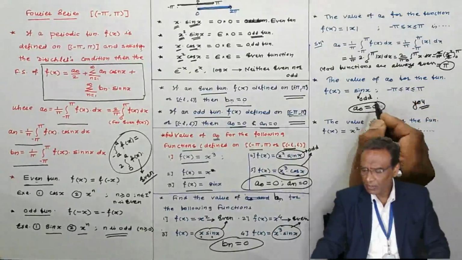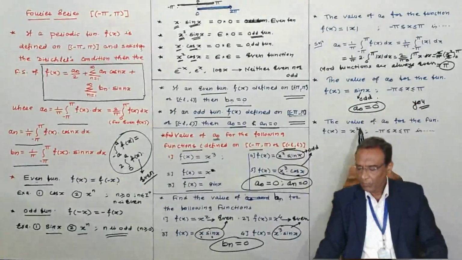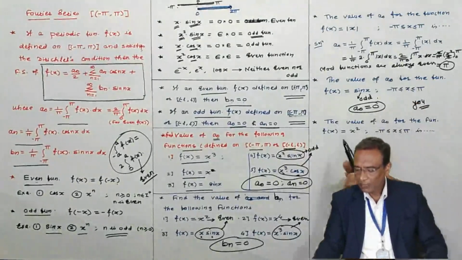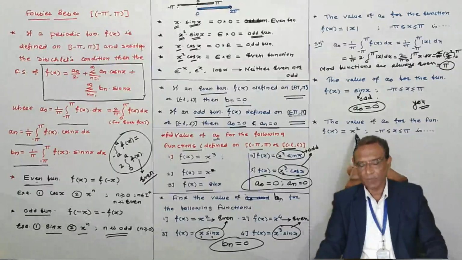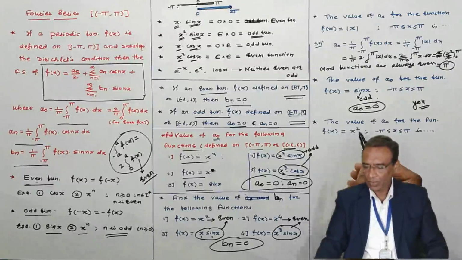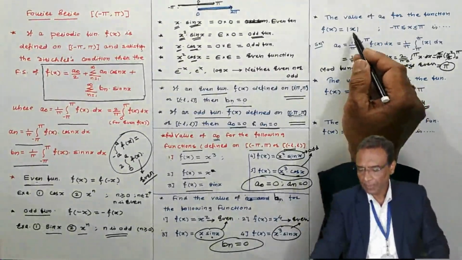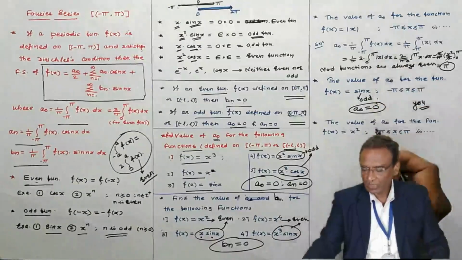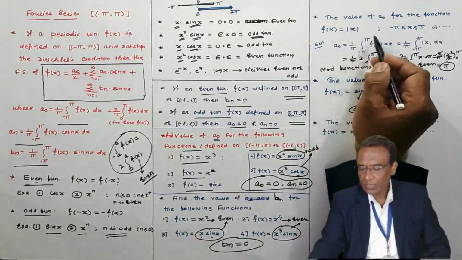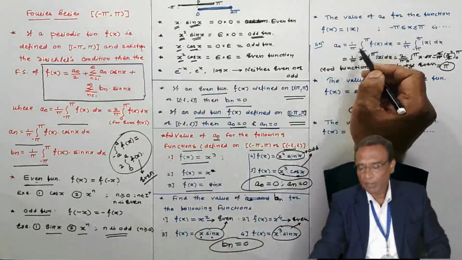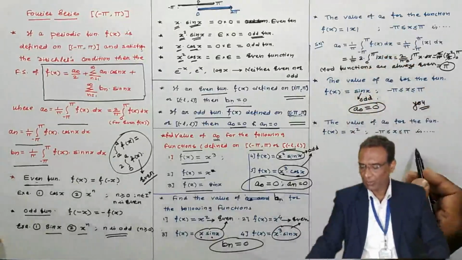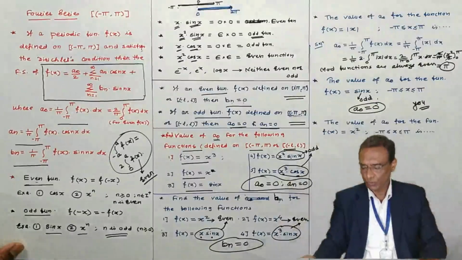You can directly write 0. Value of a0 for the function f(x) equal to x square: this x square is an even function. Mod x is an even function, x square is an even function. By using this procedure, you can find the value of a0. This is for you.